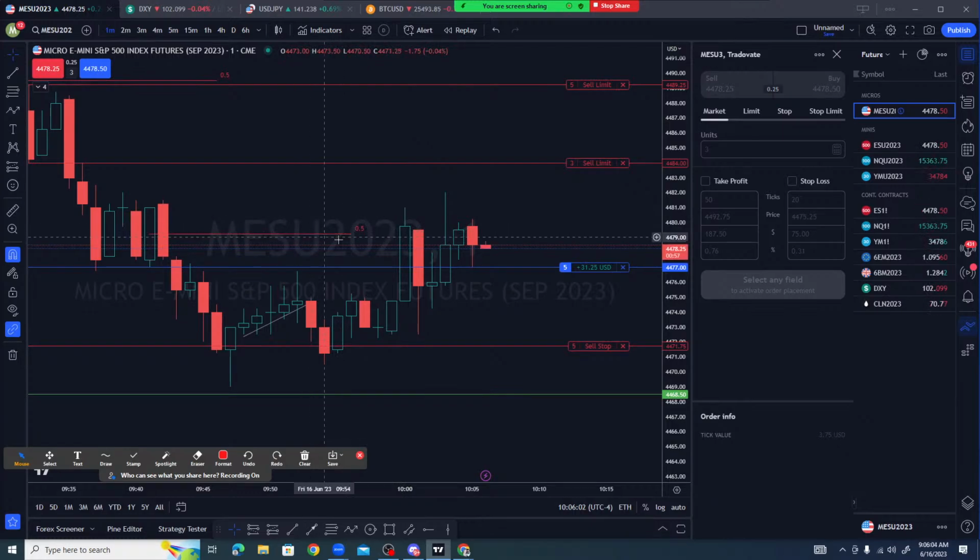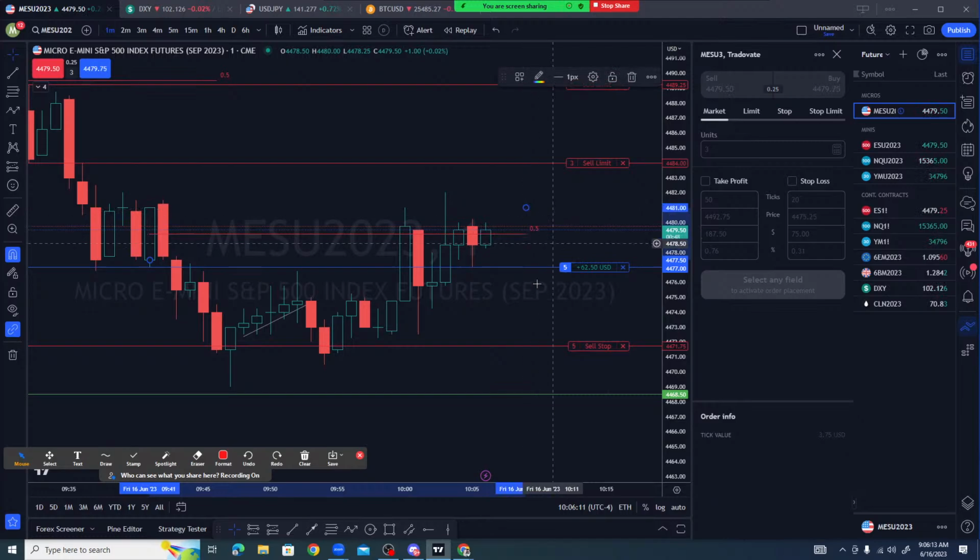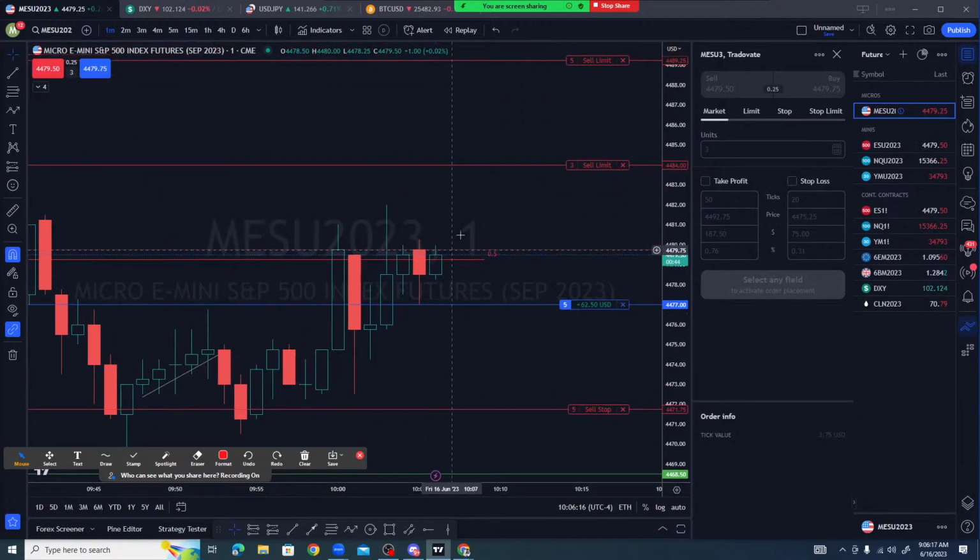I've got the mean threshold put out right there. Let's see if it's really what's got us. It's pretty spot on. If we can get above that mean threshold, we'll be pretty solid.